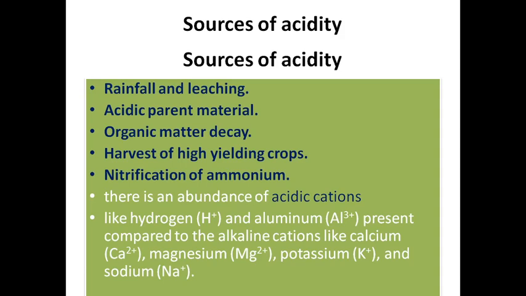Under normal conditions it ranges around 5.6 or 5.7. But due to air pollution, the rainfall becomes more acidic, even strongly acidic, 3.5 to 4. That is very strong acid, and that is also responsible for soil acidity.